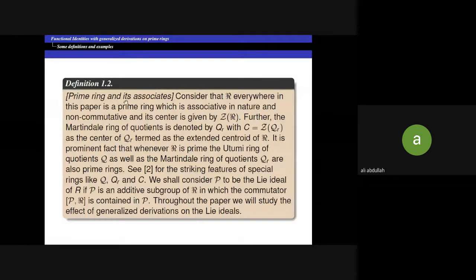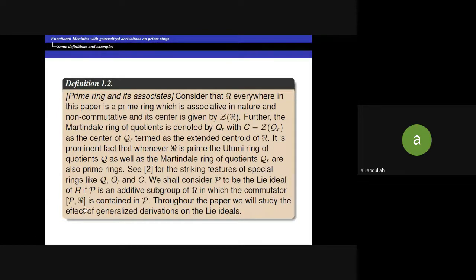Prime rings along with some of their associates, like the Utumi ring of quotients Q, the Martindale ring of quotients Q_r, and the extended centroid C, can be studied in the book by Martindale named Rings with Generalized Identities.